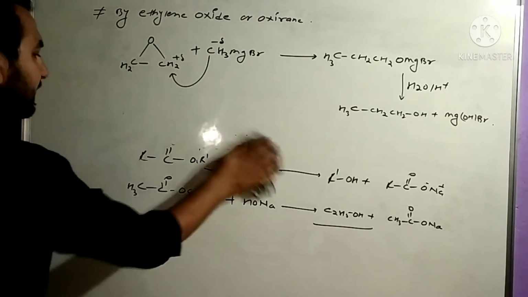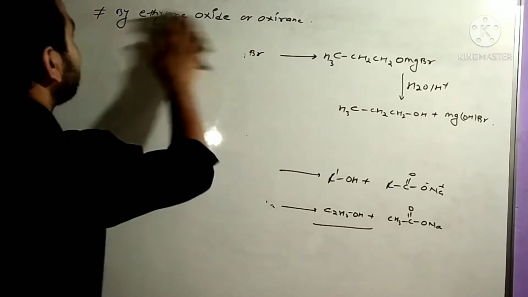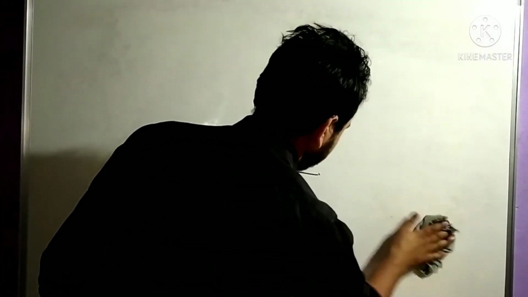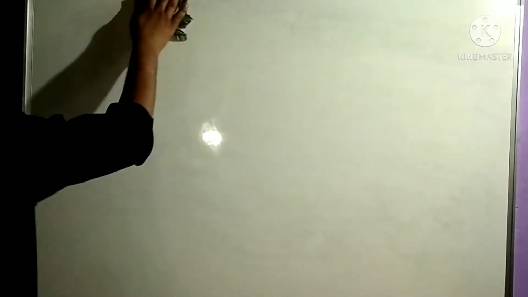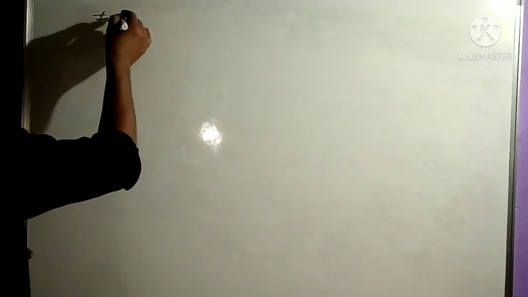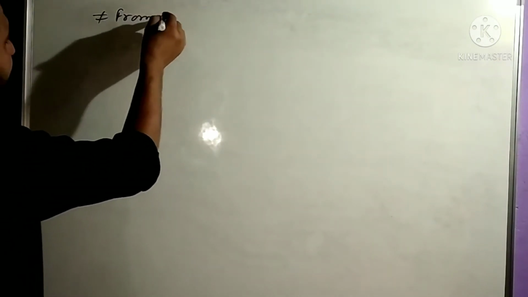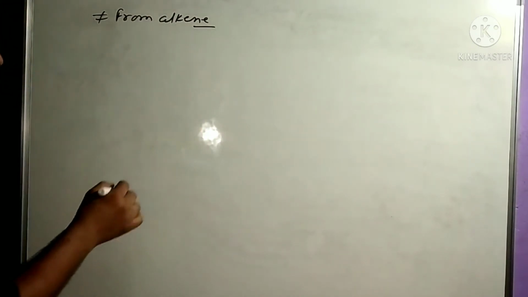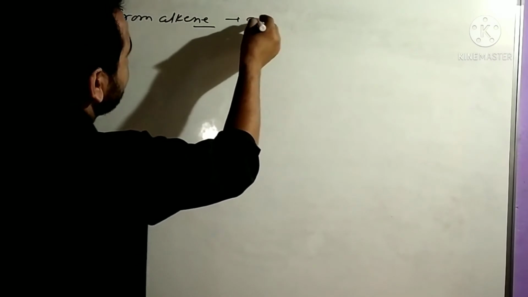So the next topic is the preparation of alcohol from alkene. There are two methods. The first is the direct method.